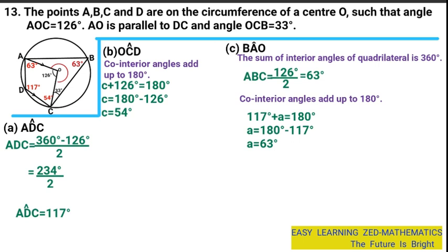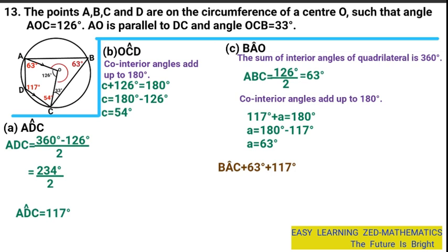Okay, so what we're going to do is write angle BAO, sorry, there should be O, not C. Angle BAO plus 63, which is angle OAD or DAO, then plus the angle on D, which is 117, plus the angle on C. On C we have two angles, 54 and 33, both of them will be added.